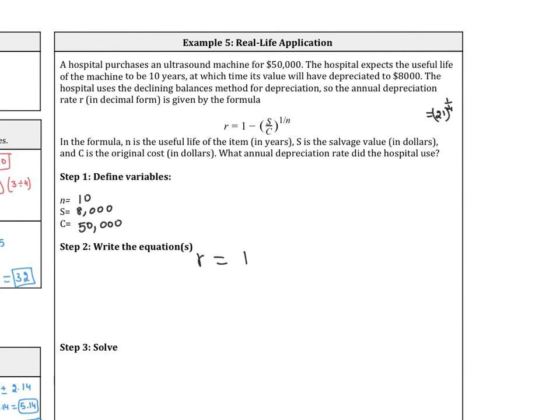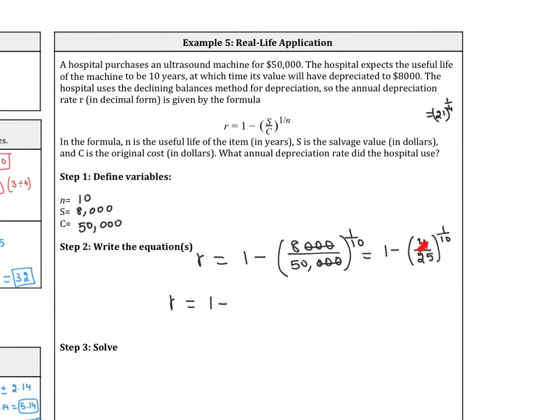So 1 minus S divided by C. S is 8,000 divided by C, which is 50,000, to the power 1 over 10. The zeros cancel, and what you get here is 1 minus 8 divided by 50. You can reduce it to 4 over 25 to the power 1 over 10. We're going to solve this part from the calculator.